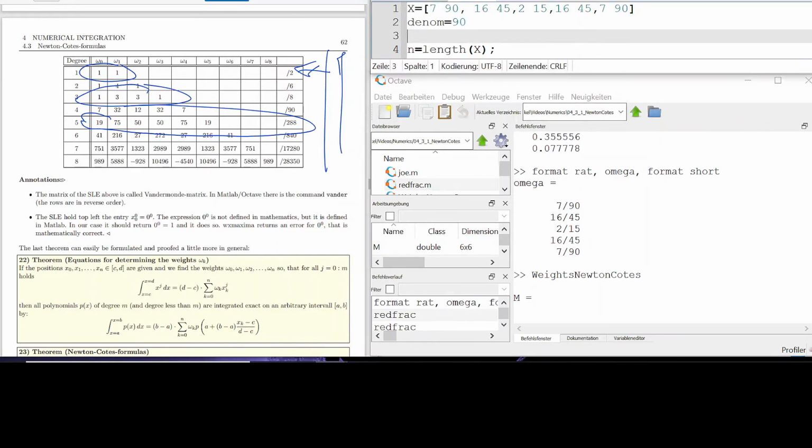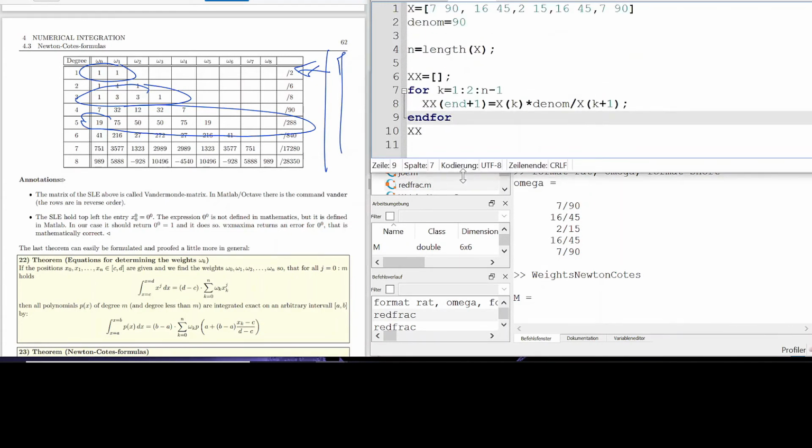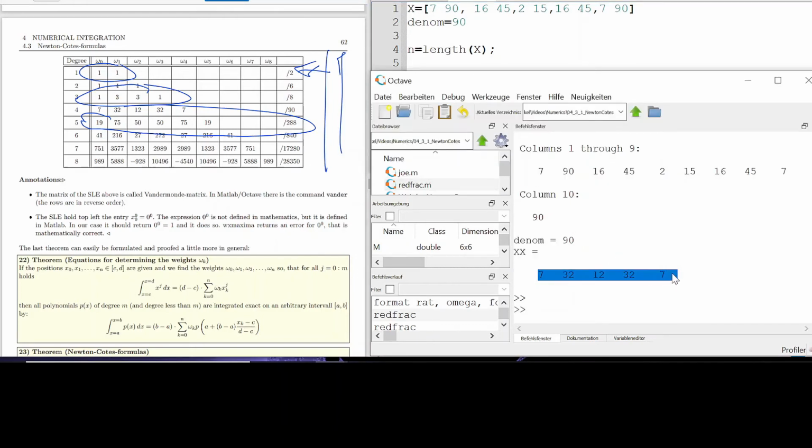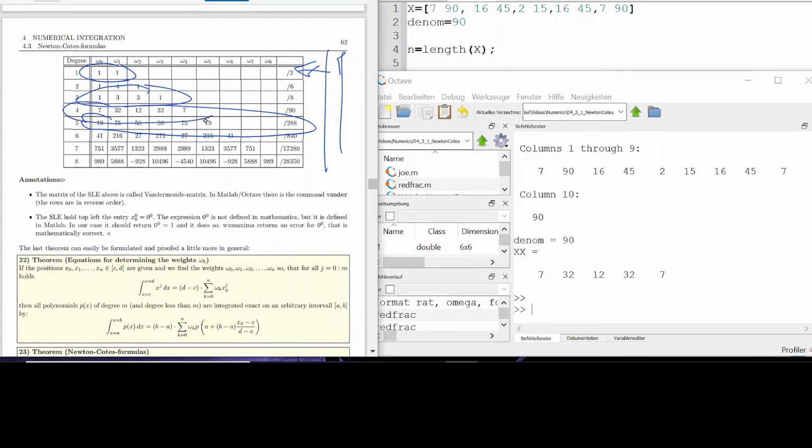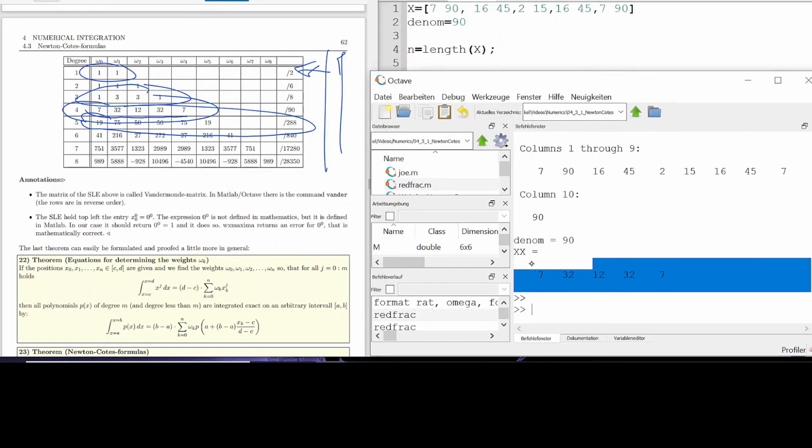These are the numerators, and 90 was the denominator. And I want to expand to the denominator 90. And here, with the help of that code, in the end, I get the expanded version to denominator 90, and we have these numbers 7, 32, 12, 32, and 7, and that's what we have here.